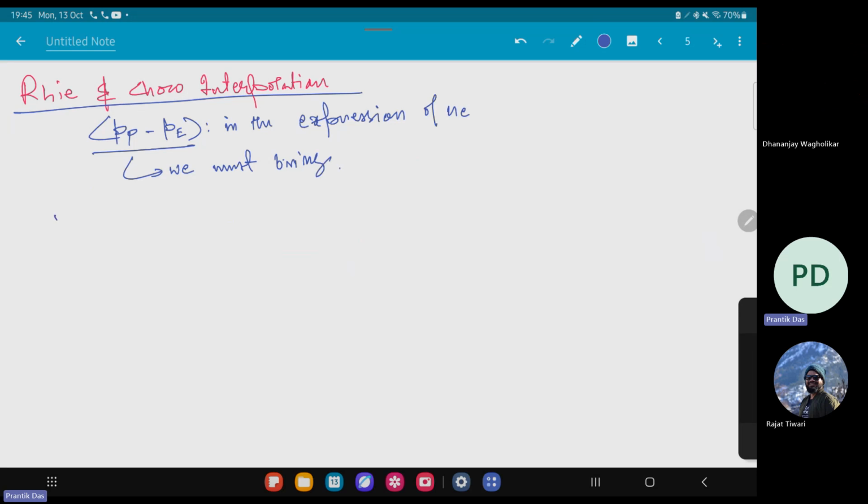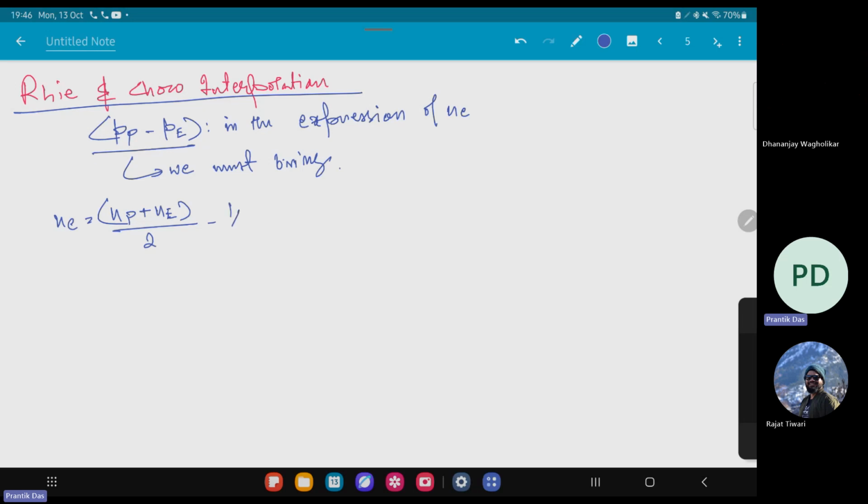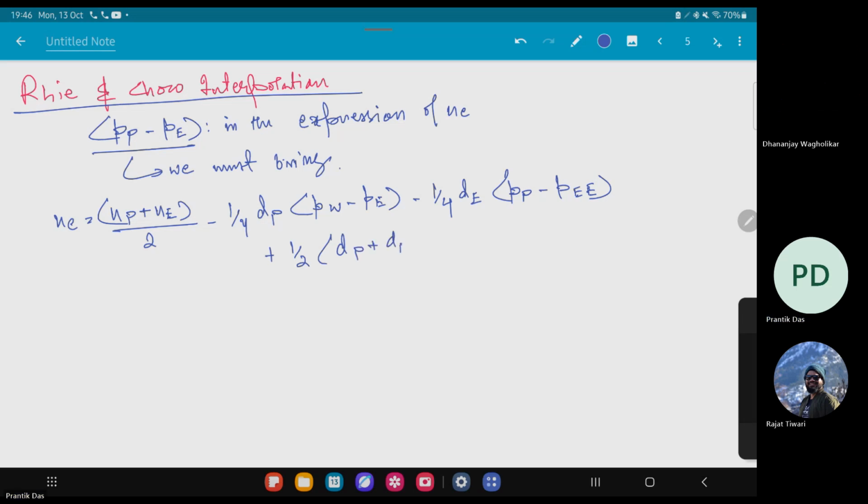So then EV is basically equal to not only EP plus EV divided by 2, but we are going to introduce some terms which are minus of 1/4 of dp pw minus pe, minus of 1/4 of de pp minus pe, and plus of half of dp plus de pp minus pe.